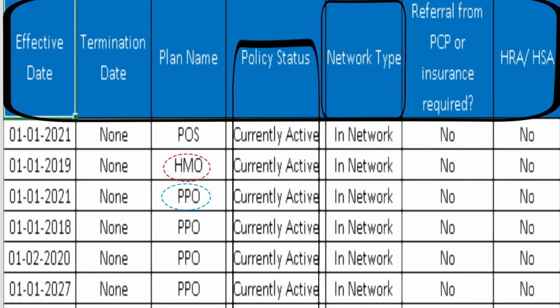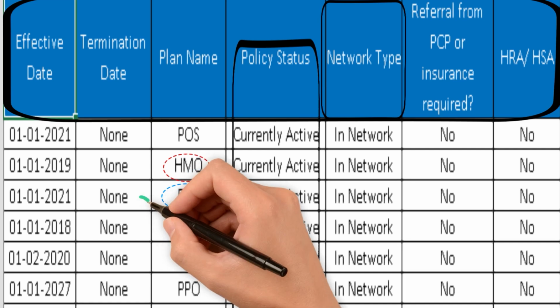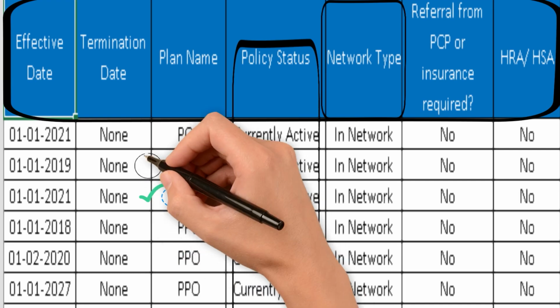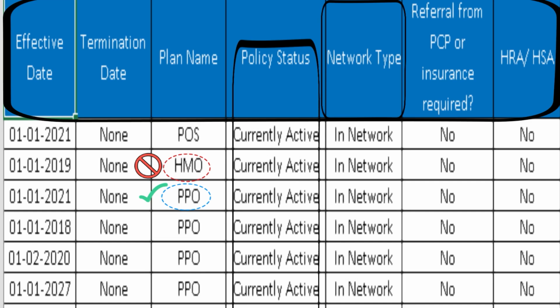For example, the provider may be in network with Aetna but only with the PPO plan and not the HMO plan, which basically means the provider is not in network with HMO.